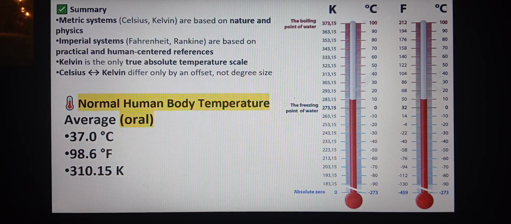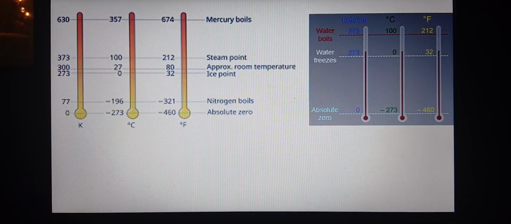And absolute zero for Kelvin is 0. That would equate in degrees Celsius to minus 273, and in Fahrenheit to minus 459. Again, some other tables show different points and the comparison at those different temperature scales.